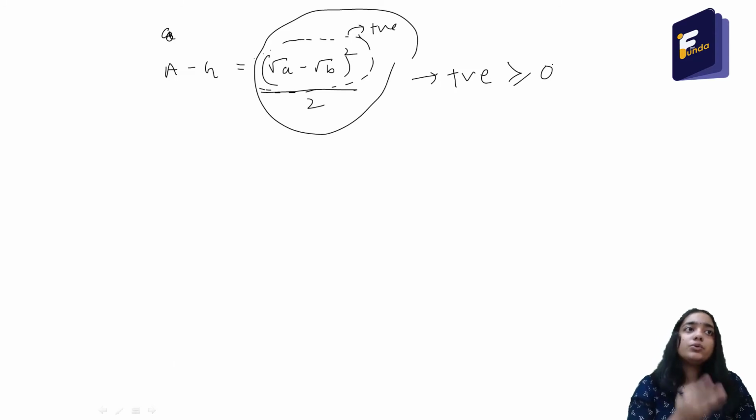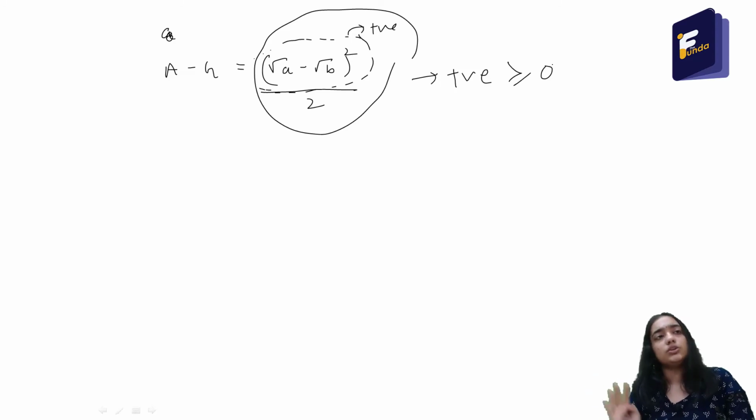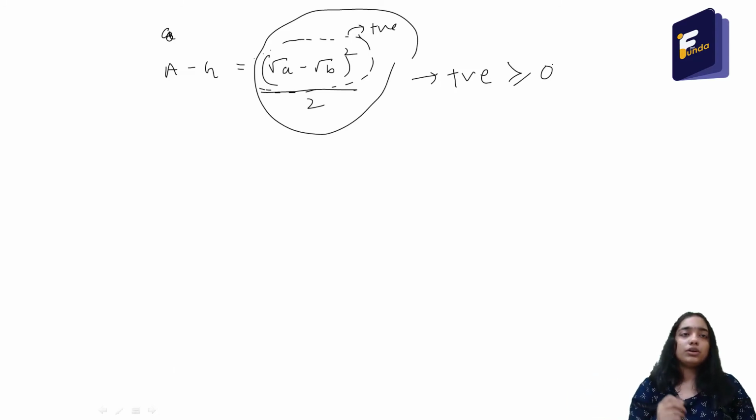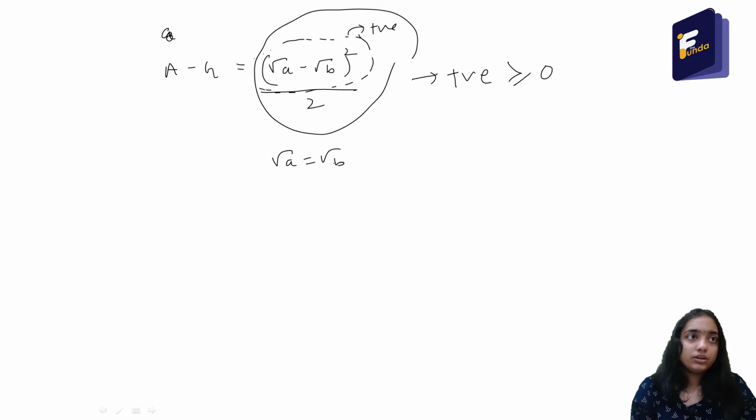That means this whole term is greater than or equal to 0. Positive means actually it should not be equal to 0, but it can be equal to 0. This whole term can be equal to 0 when root a equals root b. If root a equals root b, then root a minus root a will be 0. So the term on the right side will always be greater than or equal to 0.